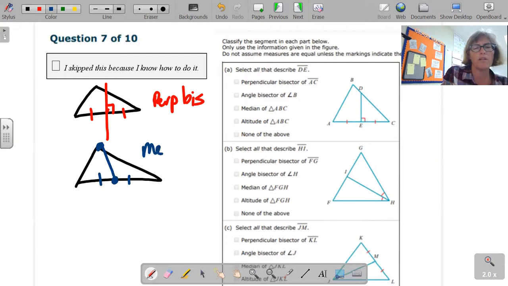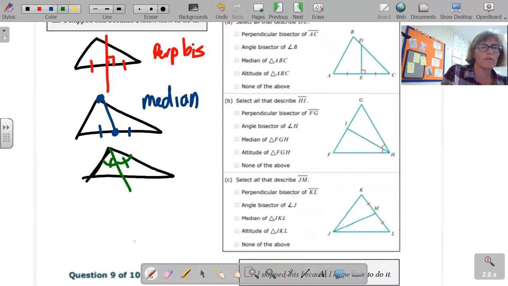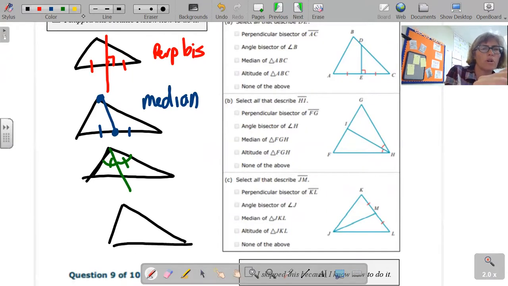That would be a median. Angle bisector, I'm using the same segment for all of them. Angle bisector bisects the angle. That's an angle bisector. And then altitude goes from vertex, right angle, opposite side. That's an altitude.